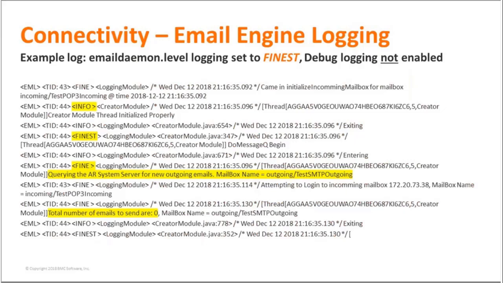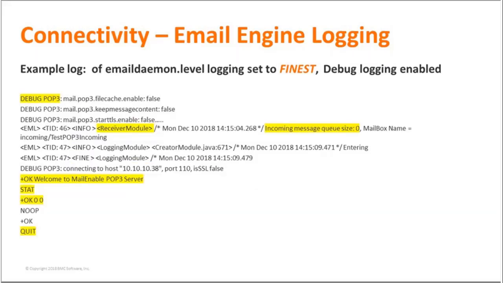We didn't have an example in this slide deck, but if there was a severe error, you would see it here as well. Here we also see where the email is querying the AR server for any new outgoing emails, but it finds no emails to be sent. Note too how it shows the mailbox name, which includes the mailbox function of outgoing, followed by the test MTB outgoing mailbox name. On the next slide, we'll look at more focused debug options for logging.